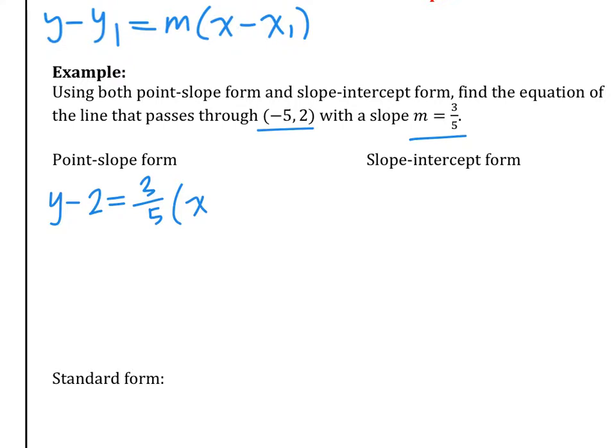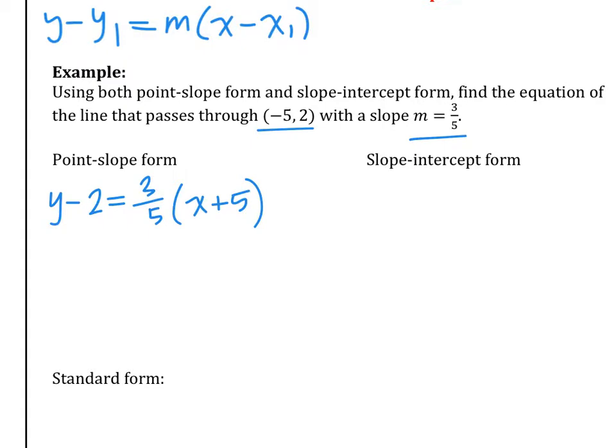I'm going to assume you guys are pretty good with your negative signs. Minus -5 is going to end up with a +5, so you can just do that in your head. You don't have to write it all out. Then from there, please change it all to slope-intercept form. You're going to have to distribute that 3/5 and so on.